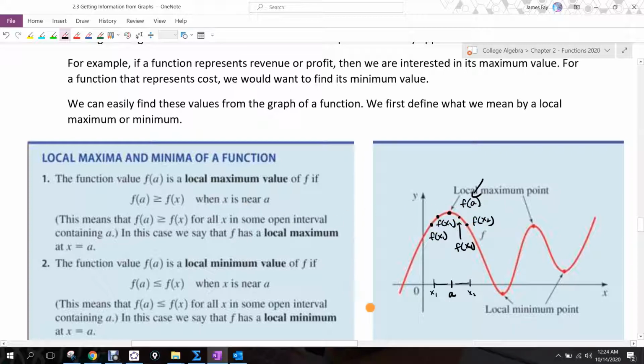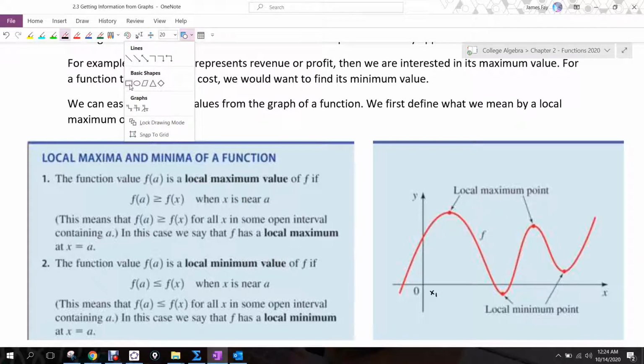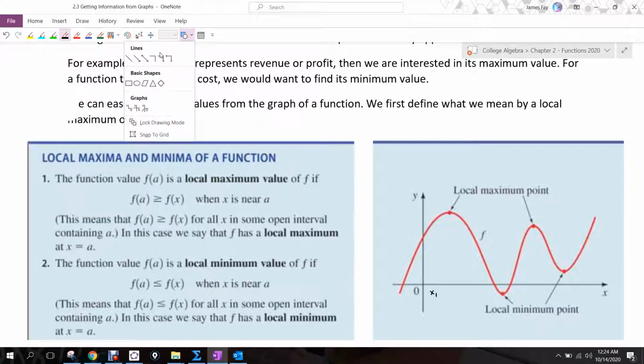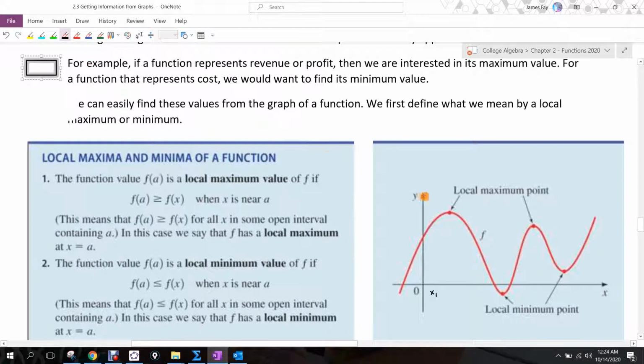Basically what this is saying is, when it says x is near a, they're telling you to narrow your purview, your scope, and look at just that box, because you know there is a maximum in there.